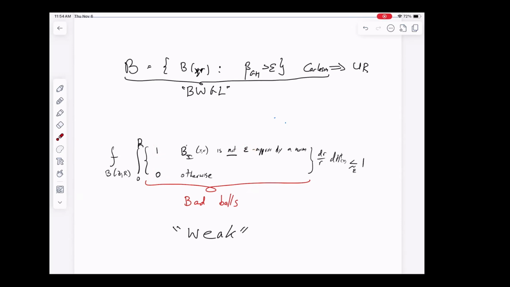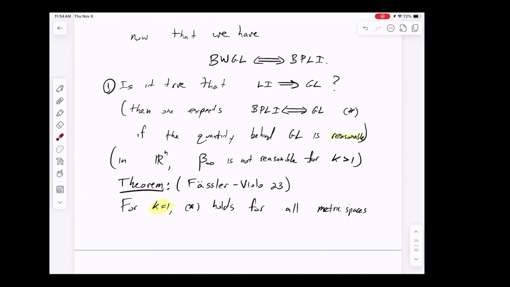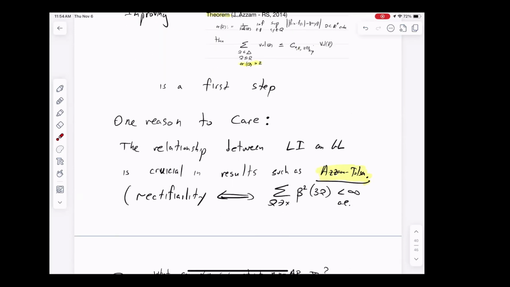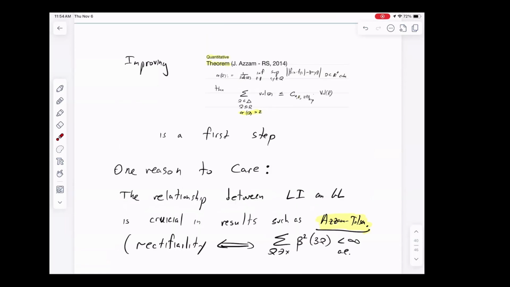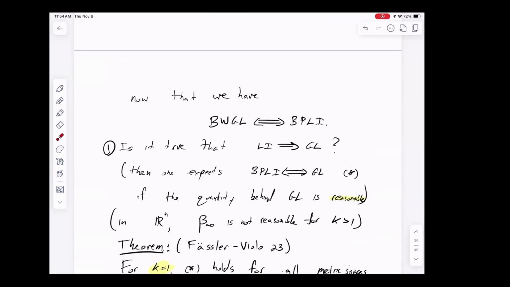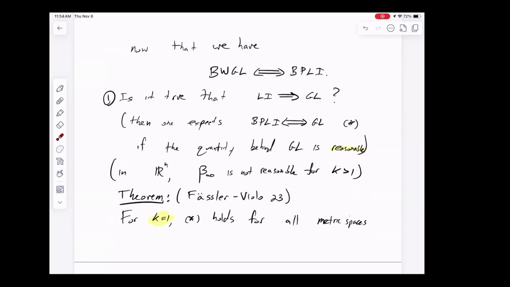But in Euclidean space, you sum over all deviations from being approximable by a plane. This is what's called the geometric lemma. People usually call these beta numbers, after Peter Jones's beta numbers. And the point is that you can use summability of these numbers to characterize rectifiability. In metric spaces, if the dimension is 1, then you have this geometric lemma characterization. And this is recent work by Fässler and Violo.